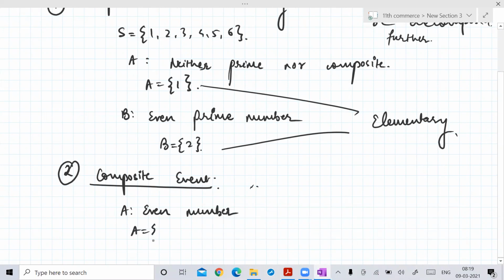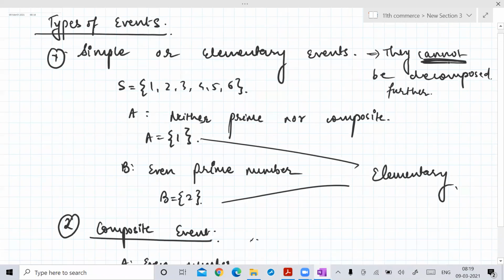What are the elements of A? 2, 4, and 6. So this is not an elementary event, because it can be decomposed further. So this is your composite event.